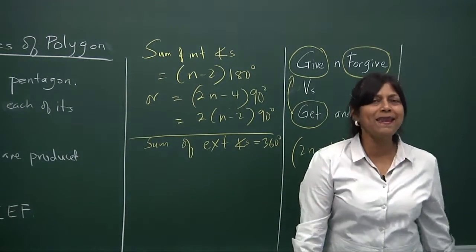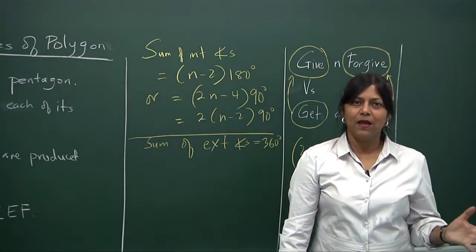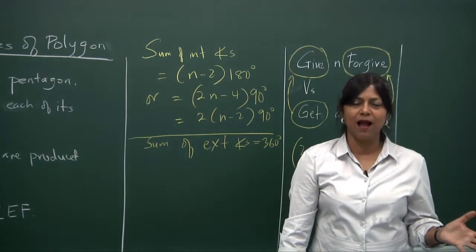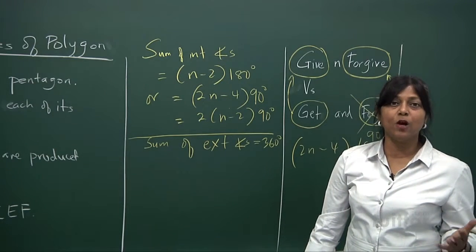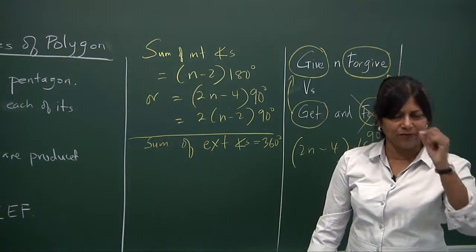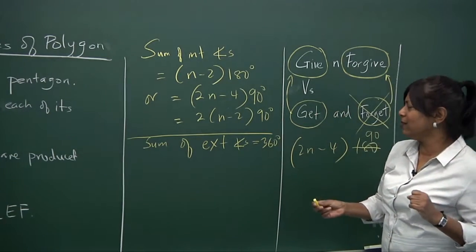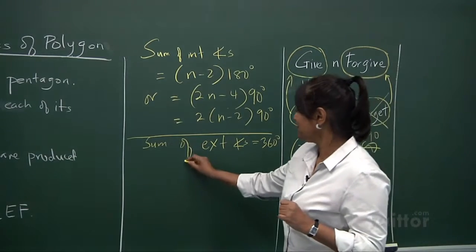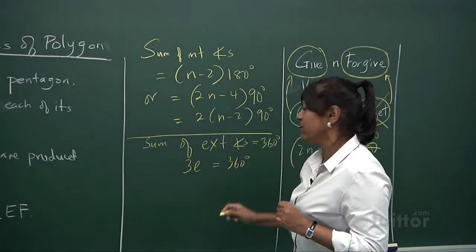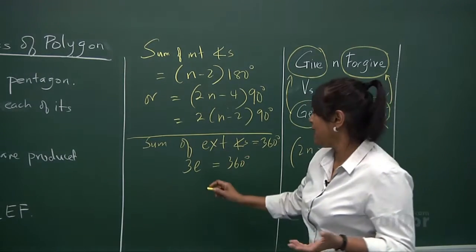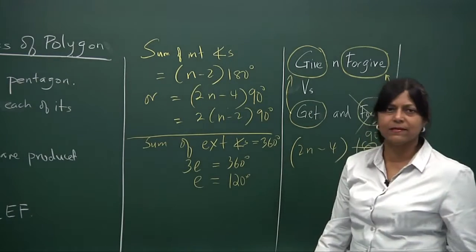Now, if you have n sides, like 3 sides, and if it's a regular polygon, all the interior angles are equal, and the length of each side is also equal. So if it's a triangle, the 3 exterior angles sum to 360, and 1 exterior angle will be 120 degrees.